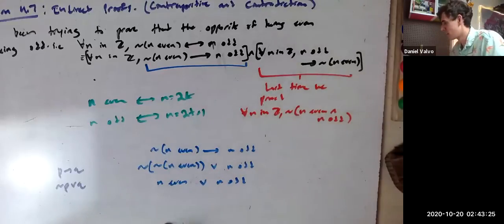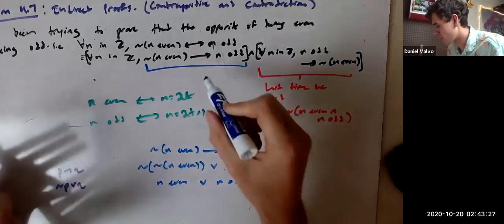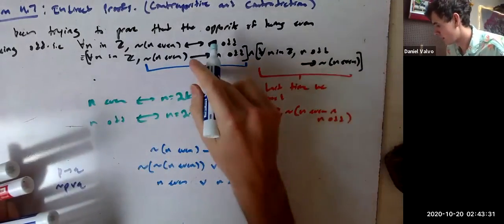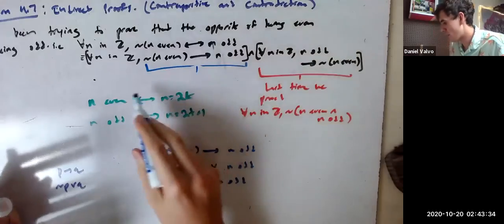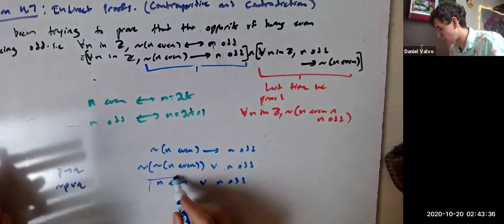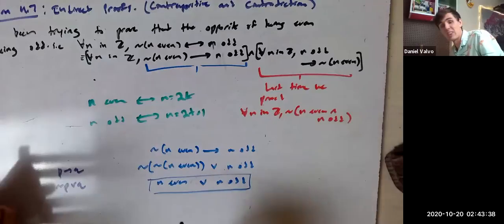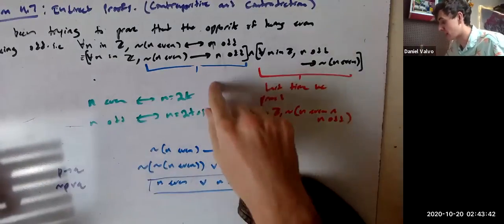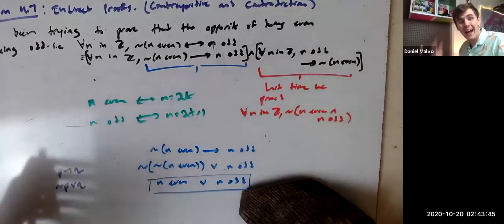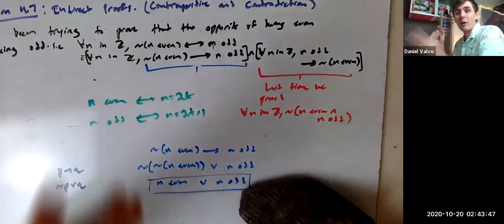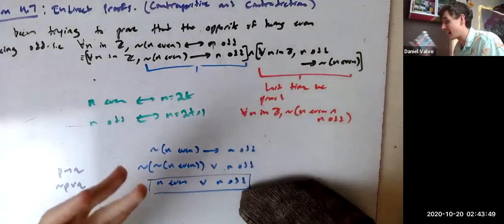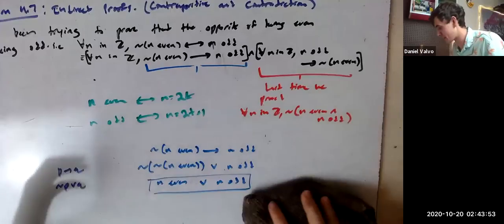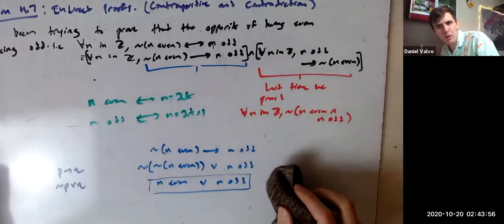Hope that makes sense. So we're going to prove this right here, that if n's not even, n's odd, and that's the same thing as proving that every integer must be even or odd. And once we've done that, we've proven that the opposite of being even is being odd, the thing we've been using a ton. It makes total sense, but it's actually not obvious. Any questions on the goal?